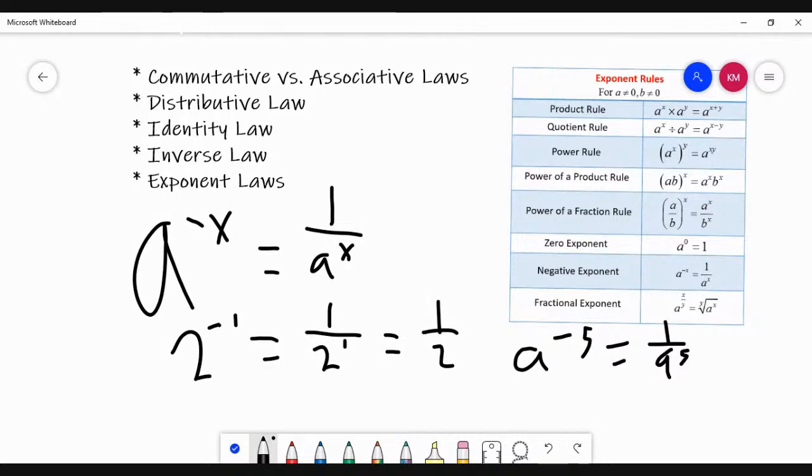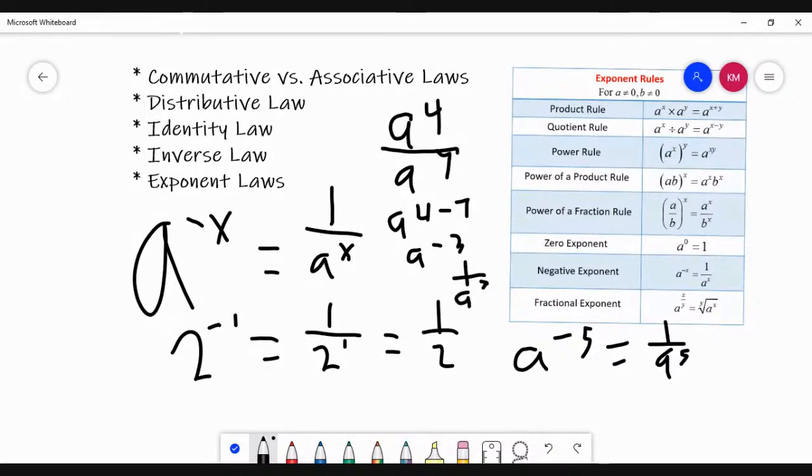Another way you may see this is, say for instance, you have a to the 4th over a to the 7th. Well, of course, we just learned the quotient rule, that is a to the 4 minus 7, which is a to the negative 3rd. And if they only want positive exponents or no negative exponents, then that will equal 1 over a to the positive 3rd power.